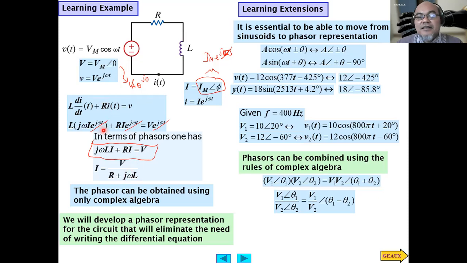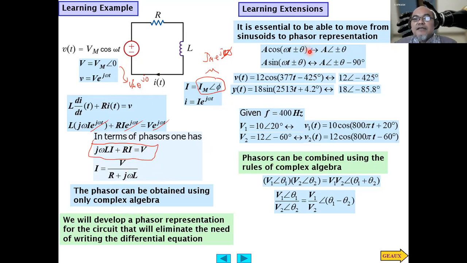We don't really need to take into account this exponent j omega t again. So we will develop a phasor representation for the circuit that will eliminate the need of writing the differential equation, because this is now steady state analysis.